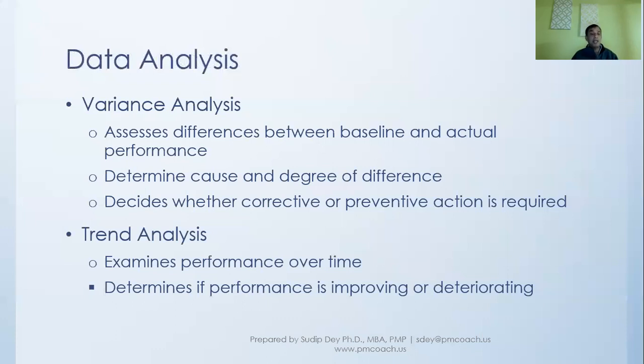We need to understand that, so we have to investigate and find a solution to that. And if the performance is improving, then we know that we are on the right track. So it really determines if performance is improving or deteriorating. So essentially, there are two types of data analysis we talk about here: one is variance analysis, one is trend analysis.